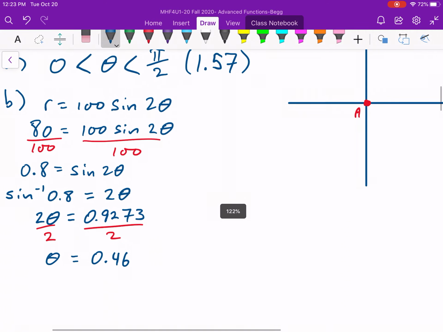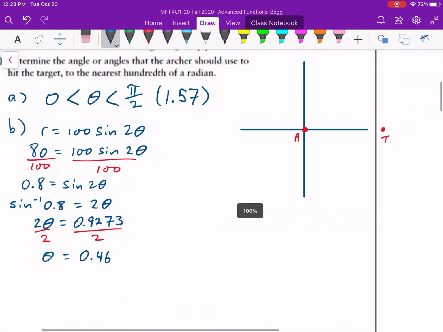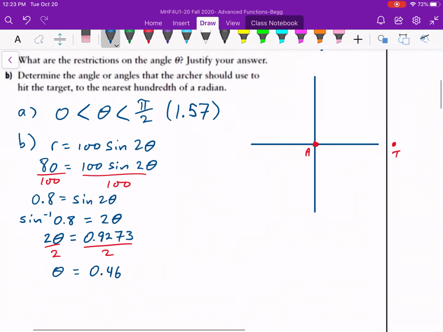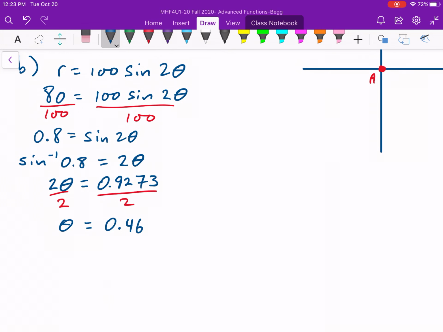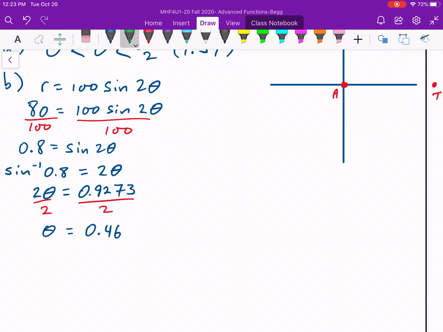But there is another answer. Again, let's think of this, and maybe I should have done this earlier. We always like to think about the related acute angle. So instead of talking about 2 theta, let's just say sine beta equals 0.8. Then of course that means that beta, when I do inverse sine of it, is going to be 0.93. Let's round it.